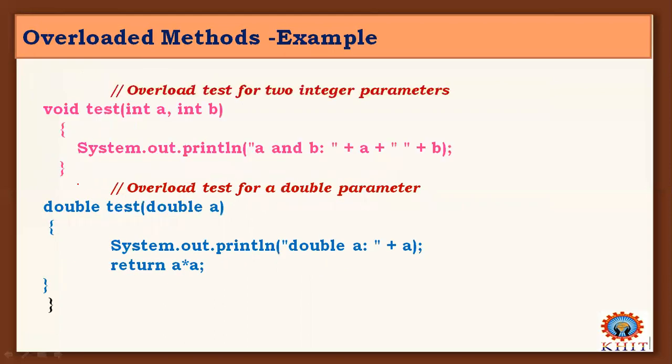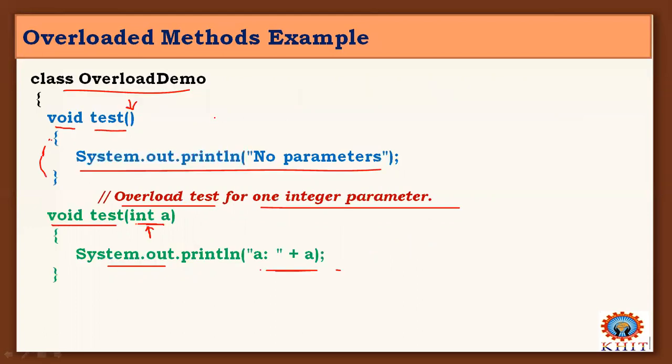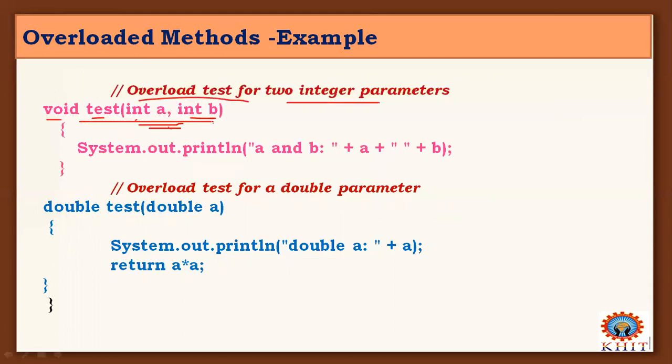Now I'm not stopping here, I'm going to overload again and again. So I'm overloading the test method for two integer parameters. Void test, and here I'm taking a parameter list of two parameters, integer A, integer B. In the previous ones, one method had no parameter list with the same name test, another had one parameter, and here I'm defining one test method with two parameters.